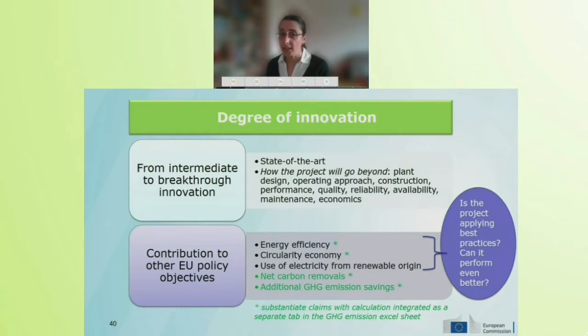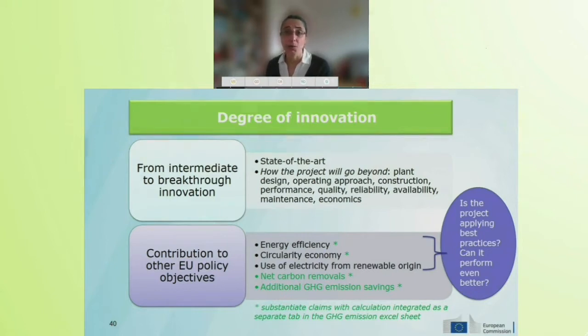So there are three elements which we expect that the projects do the best possible: energy efficiency, circularity, and use of electricity from renewable energy origin. What does this mean?